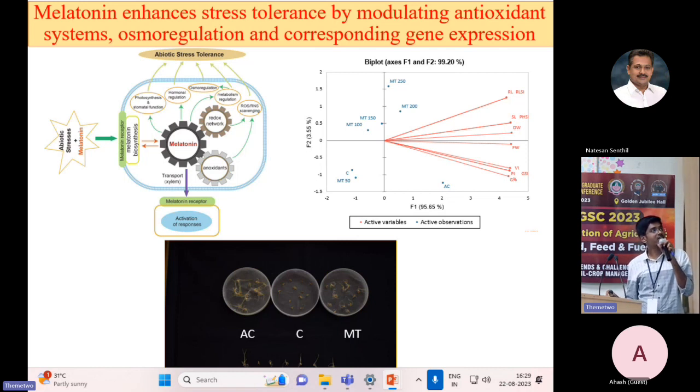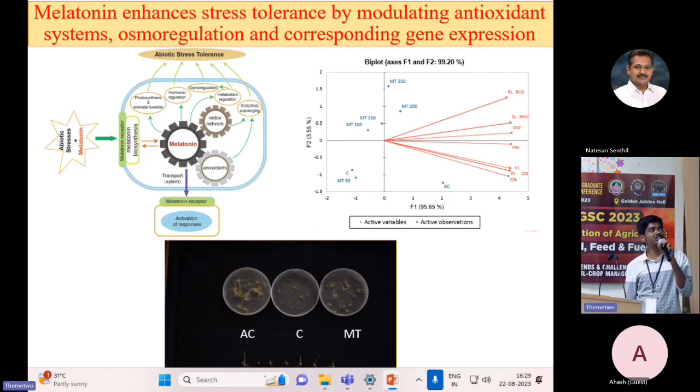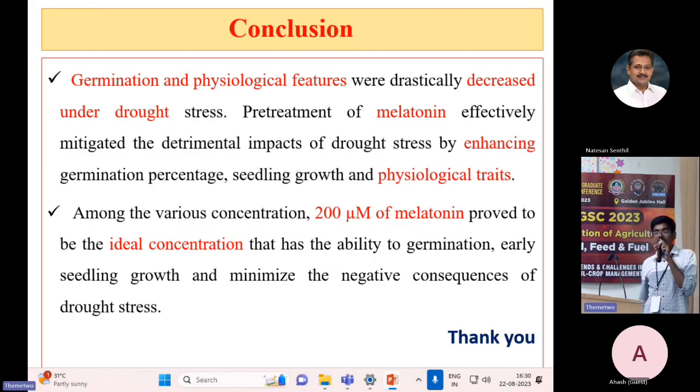Among different melatonin concentrations, we can see through principal component analysis that melatonin 200 shows better performance, followed by 250 micromolar. Among the different variables, germination parameters and vigor parameters are more reliable for the germination and growth rates of rice seedlings. So from this, we can conclude that drought stress could be mitigated with the help of melatonin.